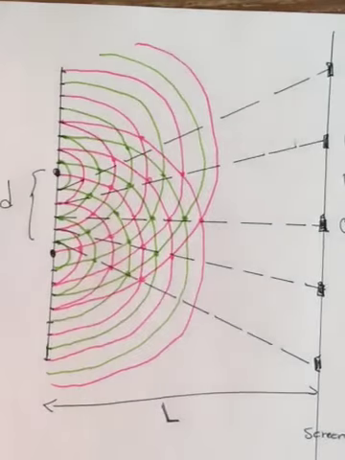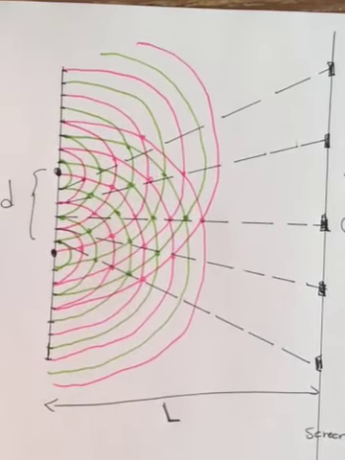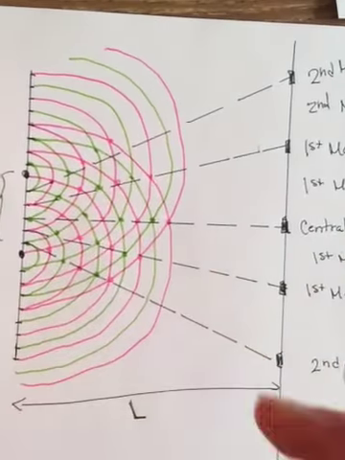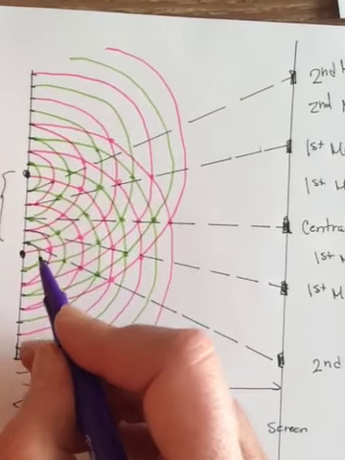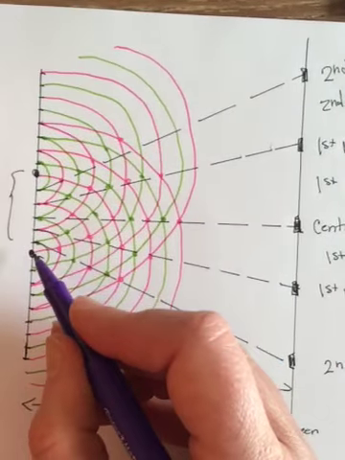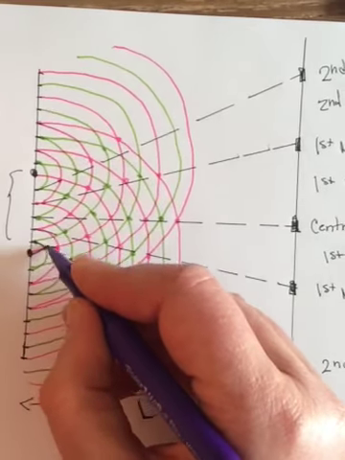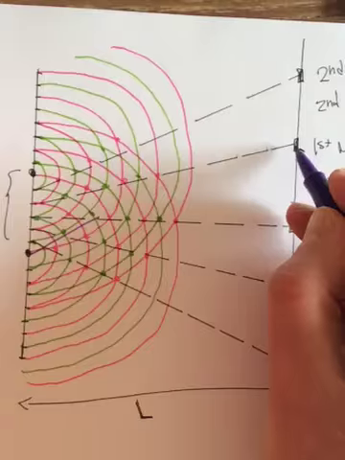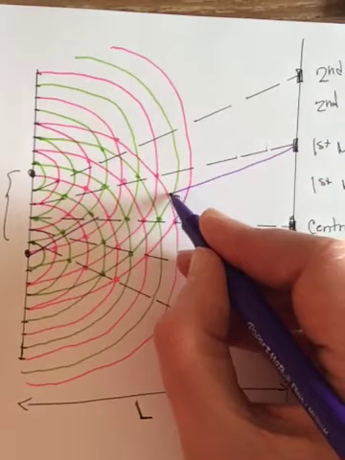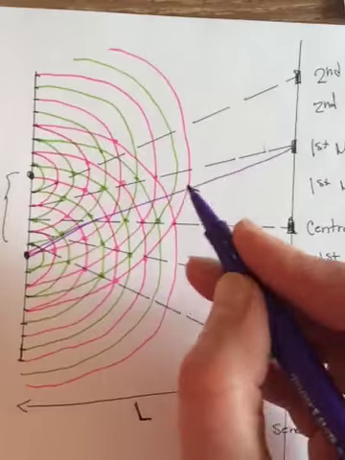Now, just as we ran out of time on that last video, I was saying if you were to draw a line from, let's say, the two sources to the first maximum. So let's see if I can do this without a ruler. Nope. Okay, imagine that's straight.